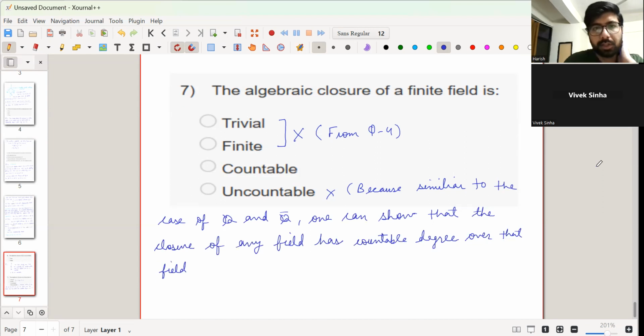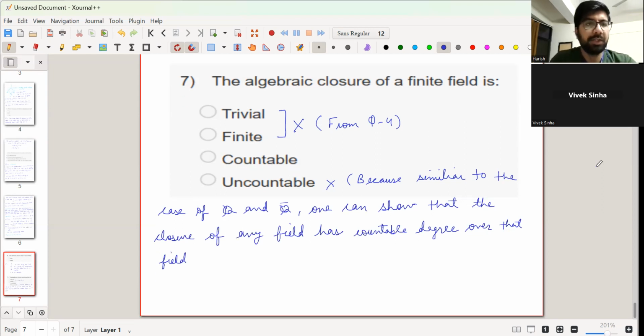So in proving that Q closure is countable, what we do, we argue that the number of roots of polynomials in Q are countable because each polynomial has a finite degree, and for each fixed n, the number of polynomials of degree less than or equal to n is finite.